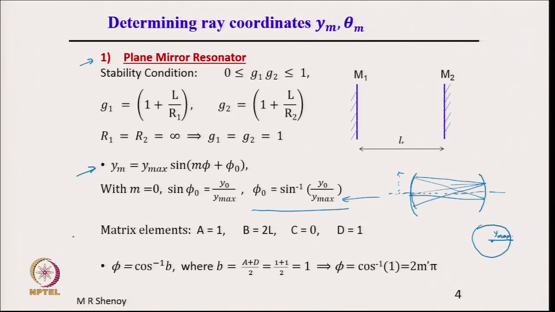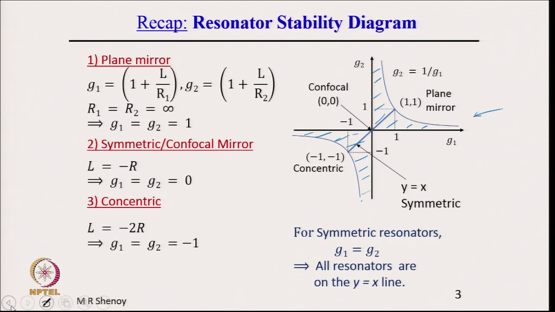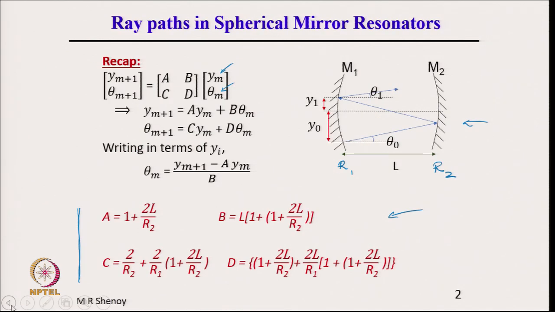Now, for the plane mirror resonator, the matrix elements A, B, C and D. We can see here R is infinity, therefore A = 1. B: again R here is infinity, therefore we have this term 0, but we have 1 plus 1, so B = 2L. C: here R is infinity, so C is 0.